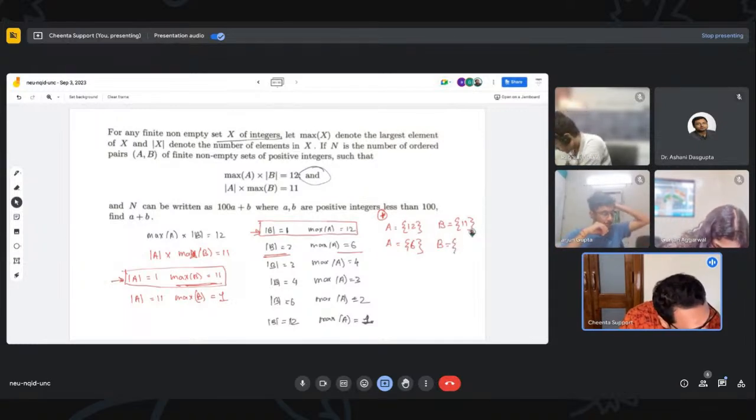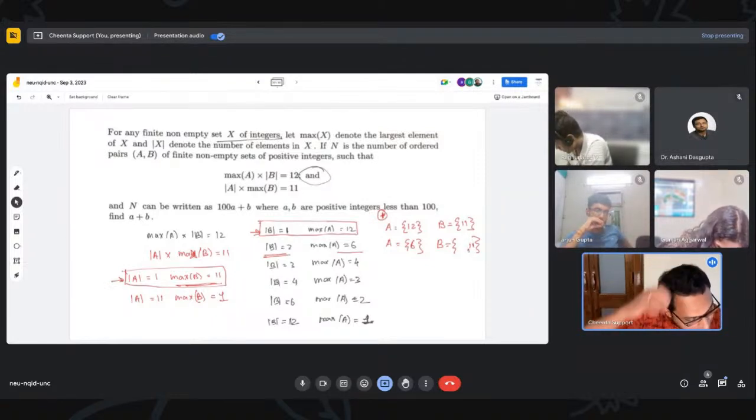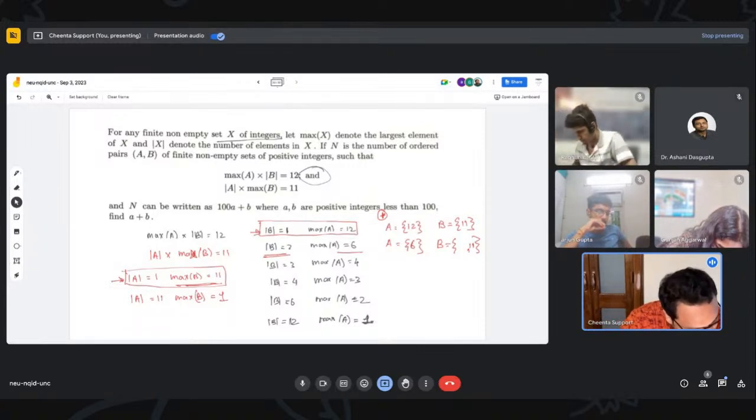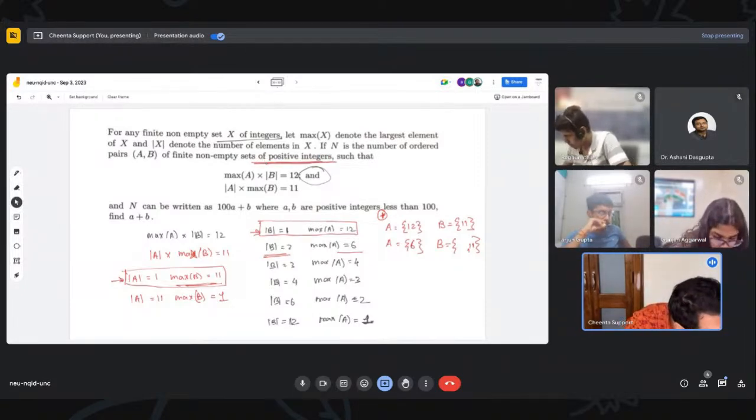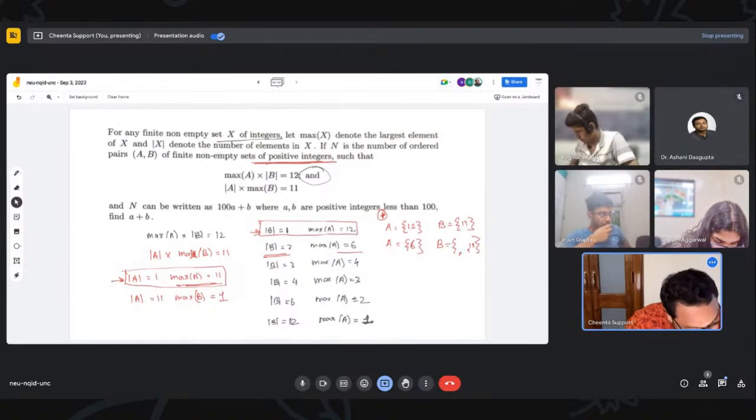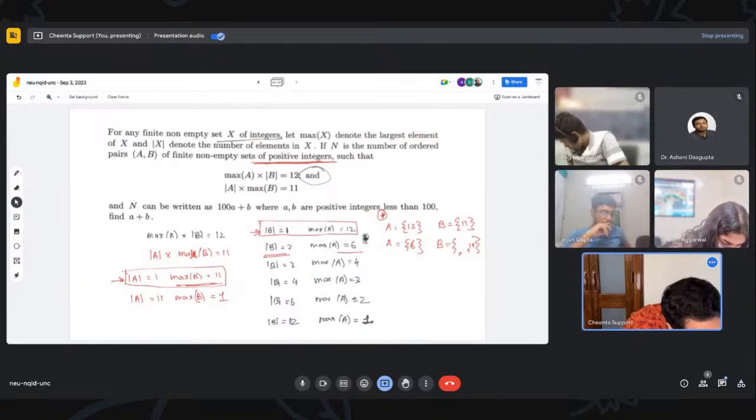Maximum of it is 11. These are non-empty sets of positive integers. So the possibilities for B are 1 to 10, sets, so cannot repeat. So there are 10 cases here. Okay.